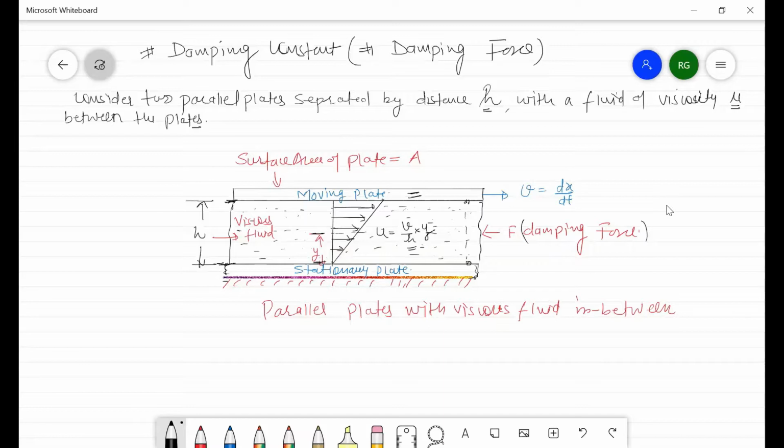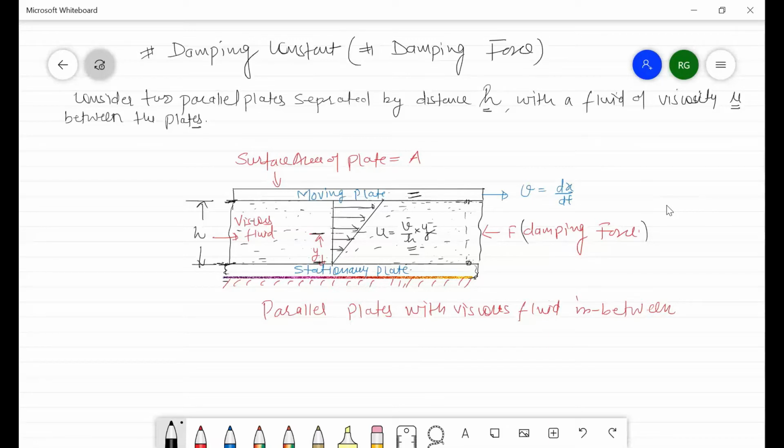between them. So let one plate be fixed and let the other plate be moved with velocity v in its own plane. Then the fluid layers in contact with the moving plate move with the velocity v. So the layers that are in contact with the moving plate will also move with velocity v, and the layers that are in contact with the fixed or stationary plate will be stationary.